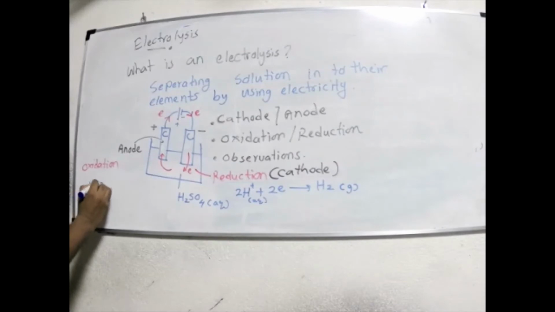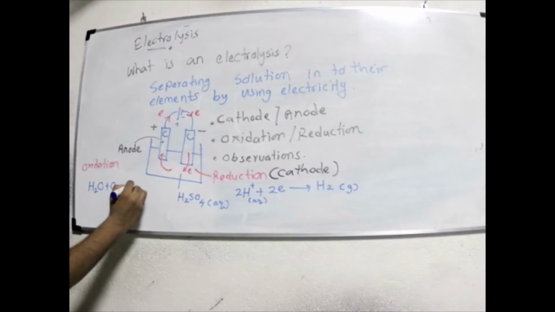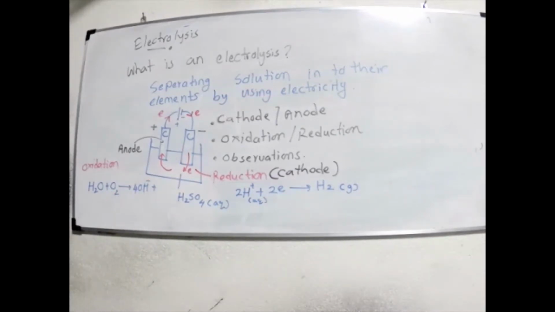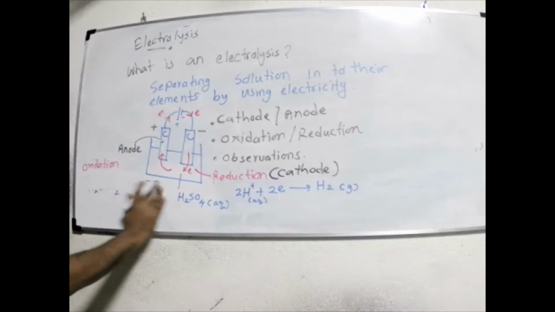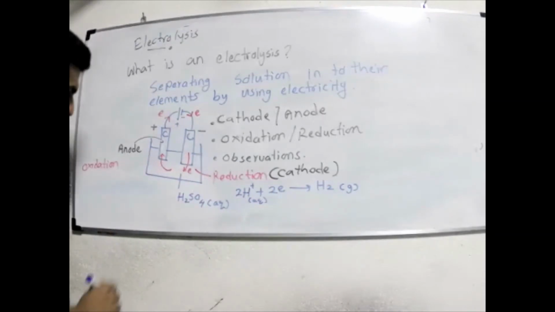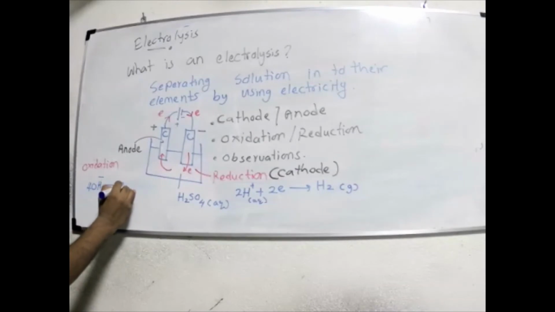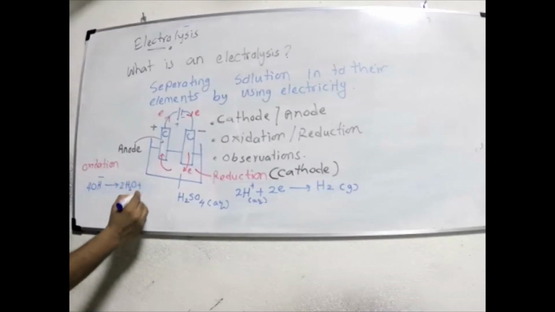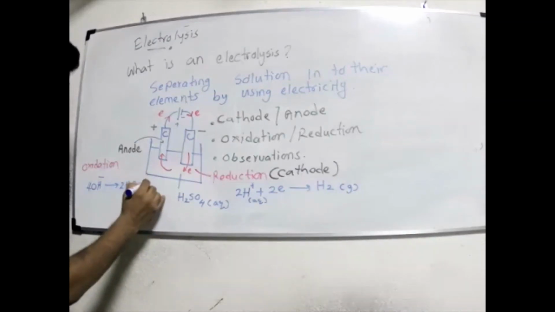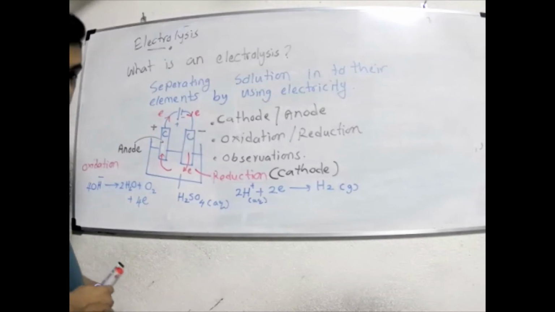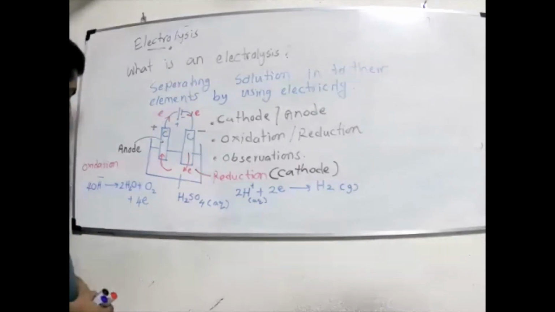Water can give electrons. 4OH minus gives 2H2O plus O2 plus 4 electrons. So water is oxidizing and giving electrons.